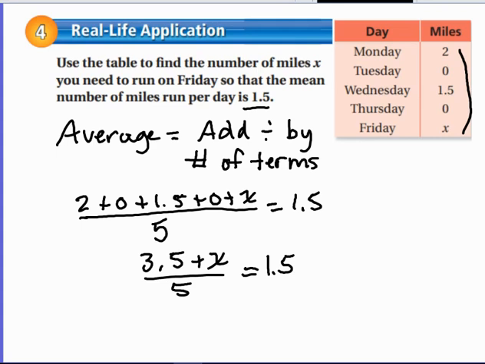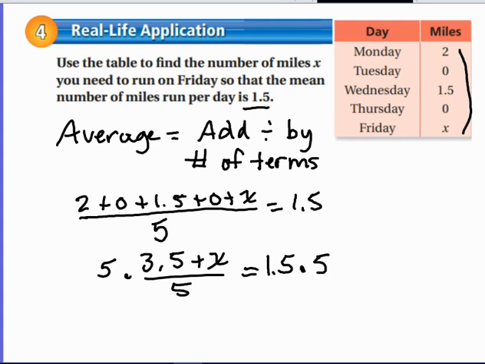Now, solving this, the next step we would have to do is get rid of this dividing bar here. Normally we'd subtract first, but because this dividing bar separates this into two parts, we have to get rid of the denominator first. So we're going to multiply by 5.